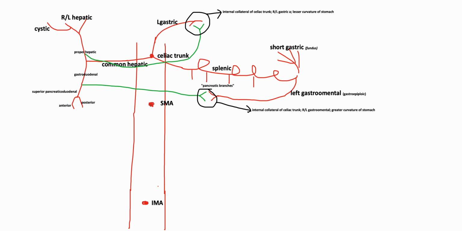So our SMA, the first branch it gives off is the inferior pancreaticoduodenal artery. And these branches are, of course, named anterior and posterior.